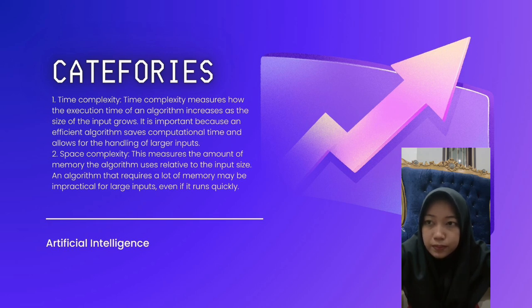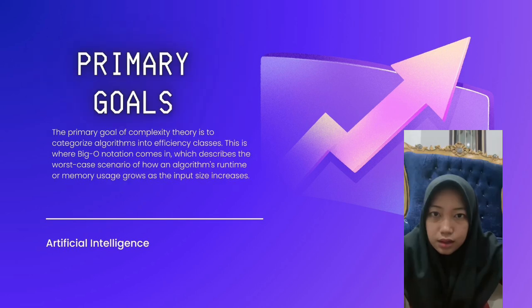Number 2. Space complexity. This measures the amount of memory the algorithm uses relative to the input size. An algorithm that requires a lot of memory may be impractical for large inputs even if it runs quickly. Primary goals.